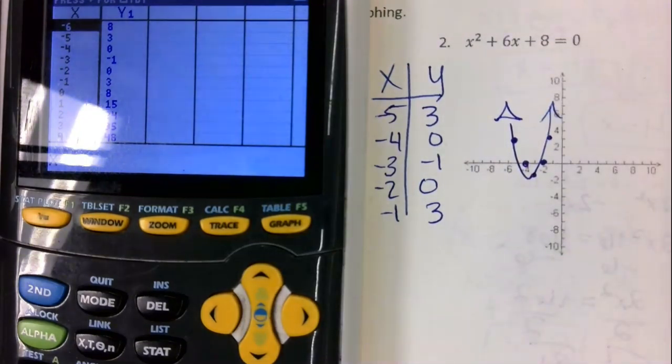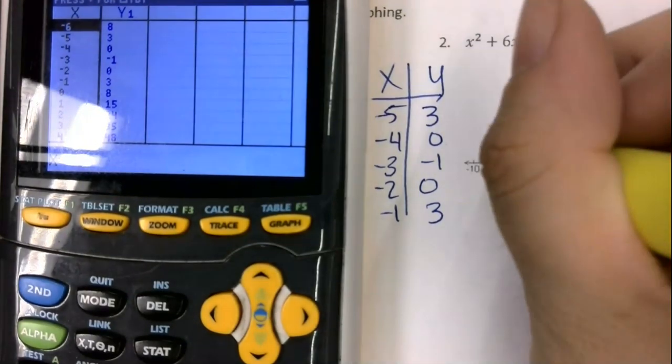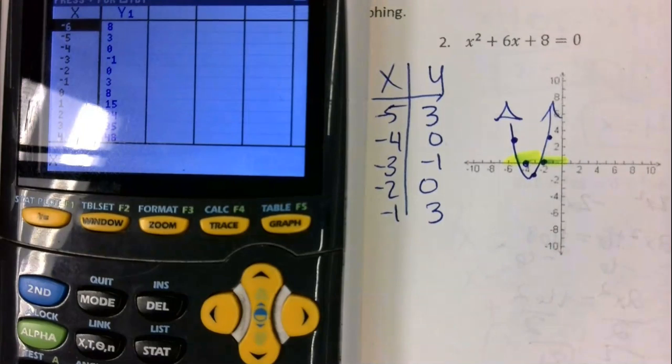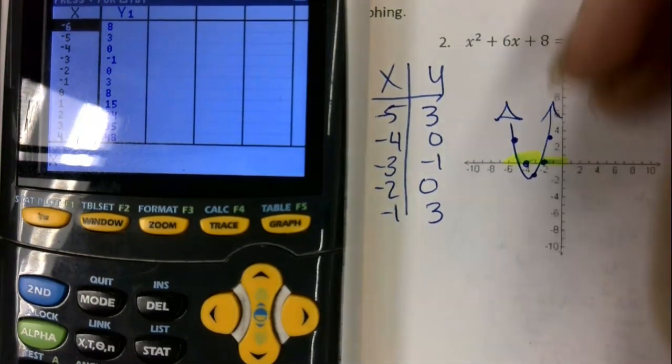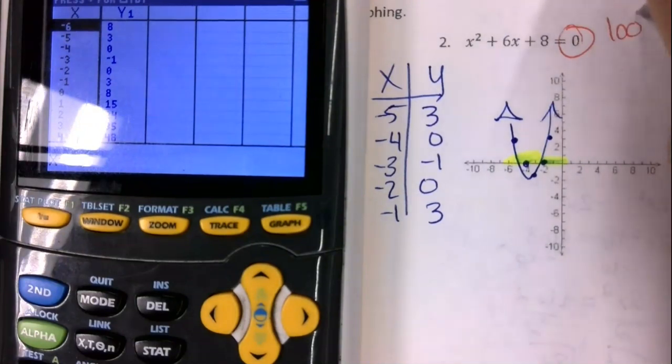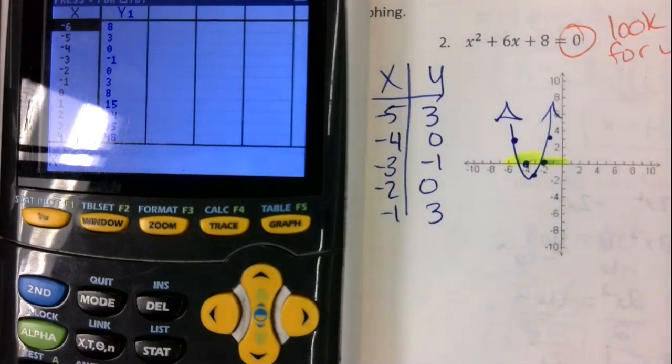Okay. I did not do a good job at drawing for my points, but the points are right. So then the final piece is getting my answer to the equation. The equation equals 0. So I'm looking for where it crosses the x-axis. That's not on this screen.